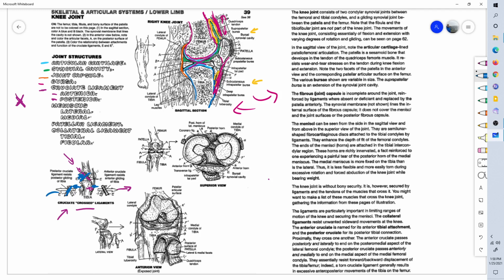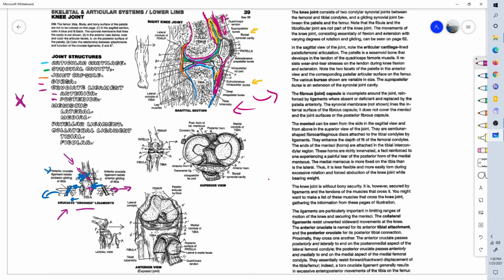You're not going to be able to slide the tibia back. Of course, if the force is too great, that ligament could tear. So the posterior cruciate resists posterior glide of the tibia, while the anterior cruciate ligament resists anterior glide of the tibia.